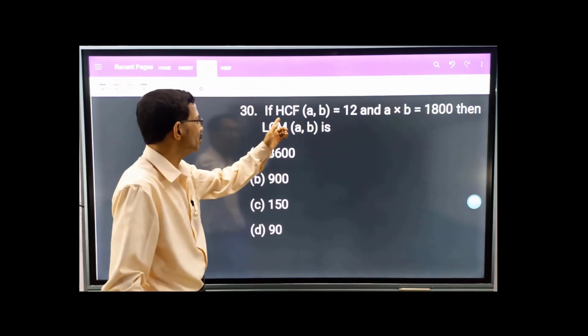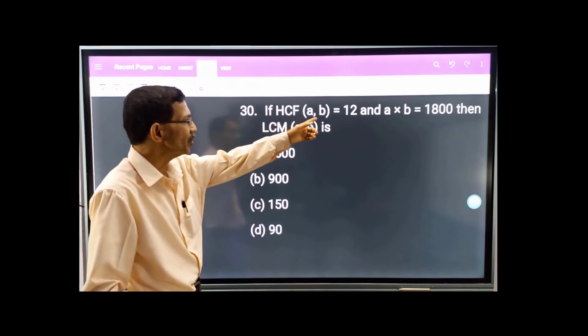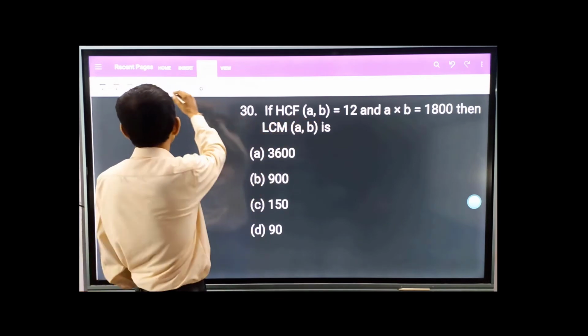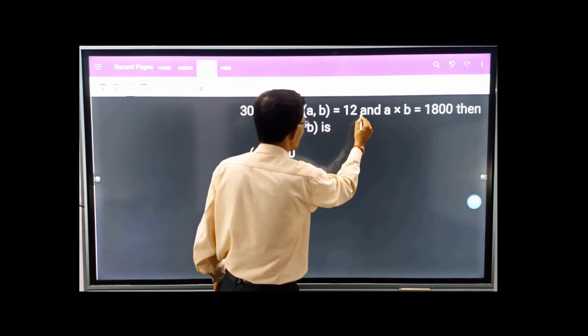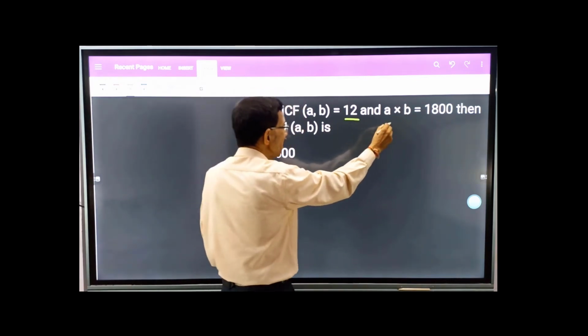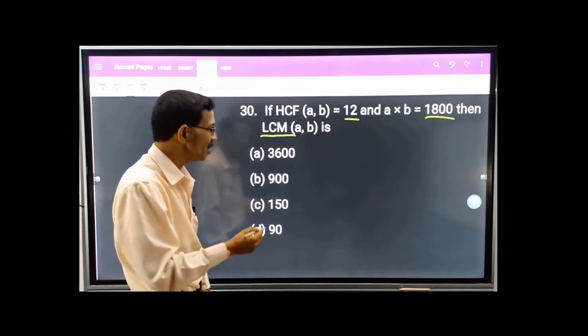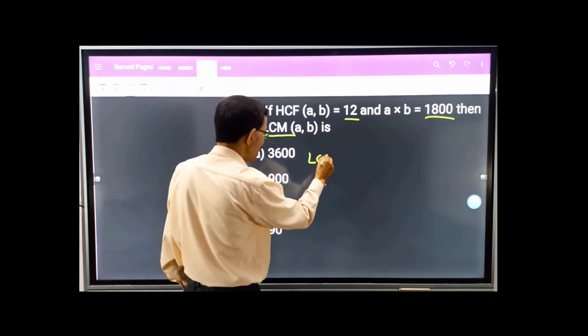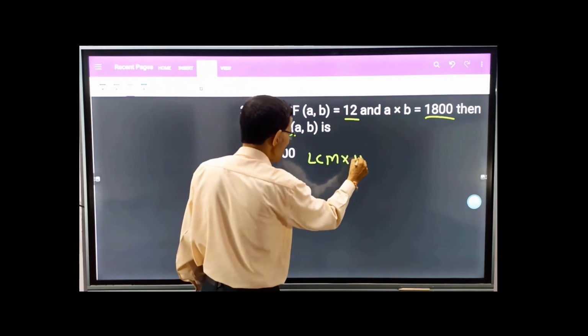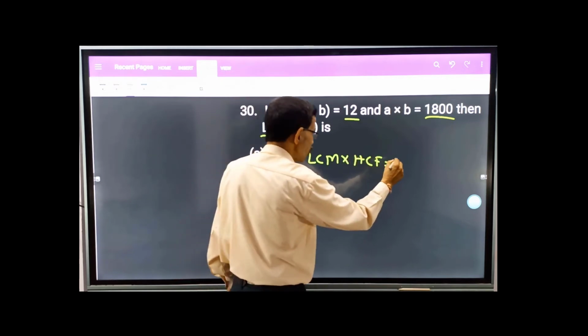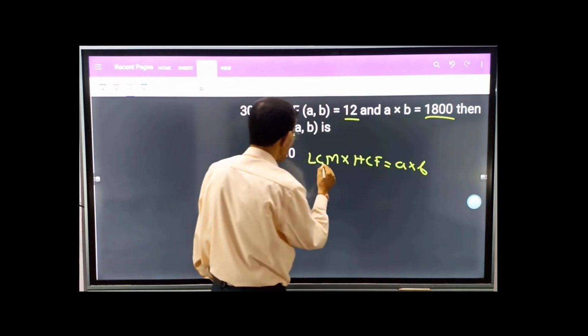Question number 30 is like this. Here HCF is given as 12 and A cross B is given, and LCM is asked. So again the same formula, LCM into HCF is equal to A multiplied by B.